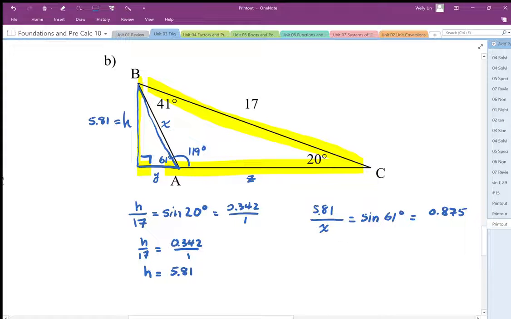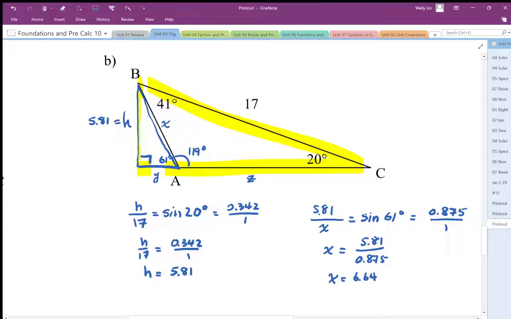Then solving for x, I'm just going to cross multiply, so I end up with 5.81 divided by 0.875. Multiplying that, I get an x length that works out to be 6.64.